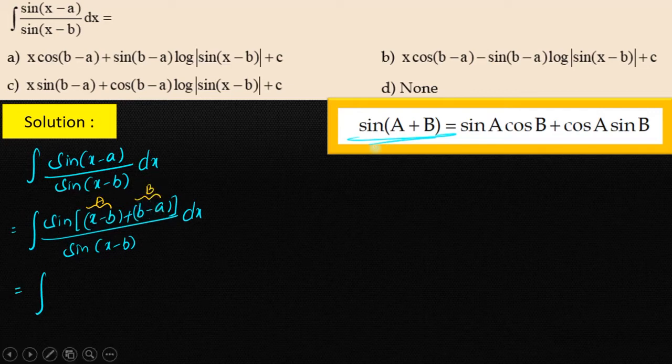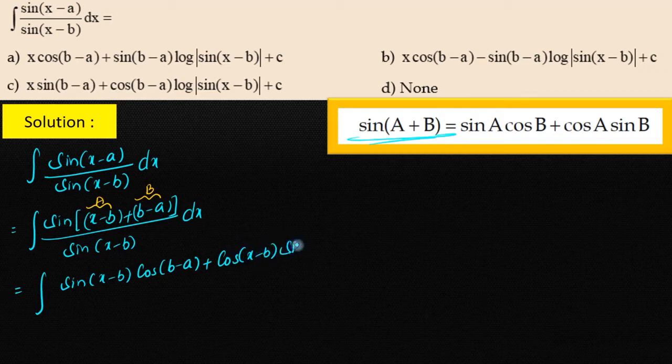Now applying this formula here: sin A, that is sin(x − b), into cos B, that is cos(b − a), plus cos A, that is cos(x − b), into sin B, that is sin(b − a), divided by sin(x − b) dx.